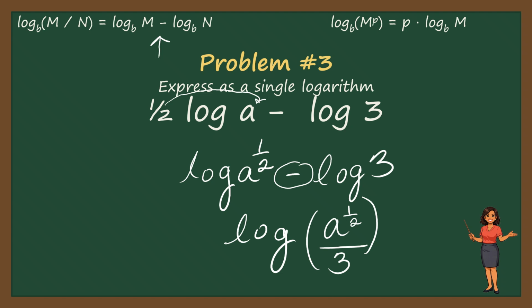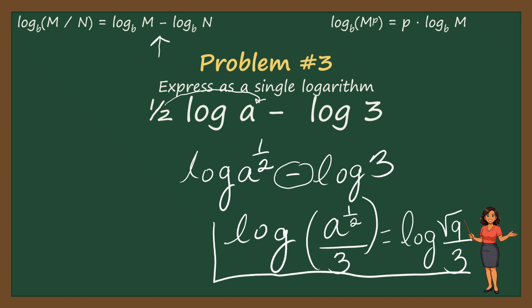So what we will get here is log, you can say the square root of a divided by 3. But either one of those answers is correct. So the first rule that we applied was the power rule, and the second was the quotient rule.